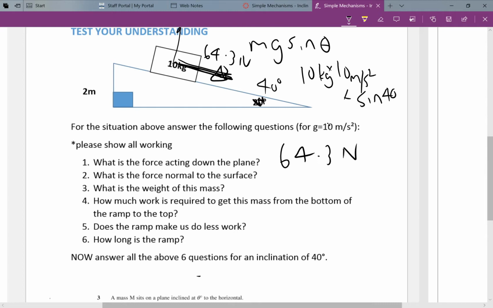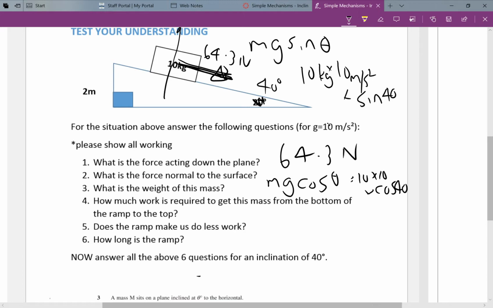Okay, force normal to the surface is exactly the same working out, but instead of cos 20 degrees, we go mg cos theta, which equals 10 by 10 by cos 40 this time.